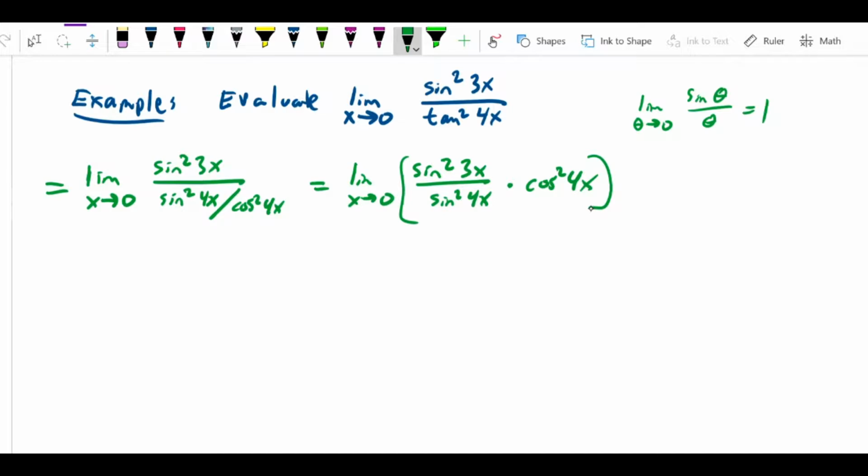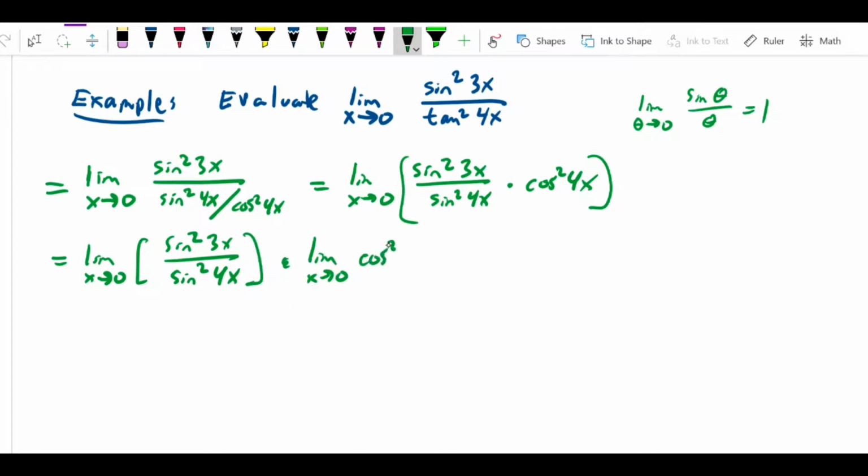What we can do is, since cosine of 0 is 1, I can simply rewrite this as the limit as x approaches 0 of sine squared 3x over sine squared 4x times the limit as x approaches 0 of cosine squared 4x, where this expression here is just equal to 1.